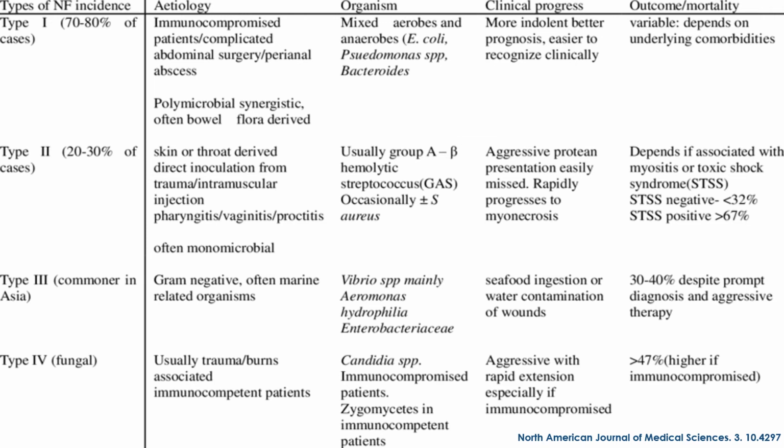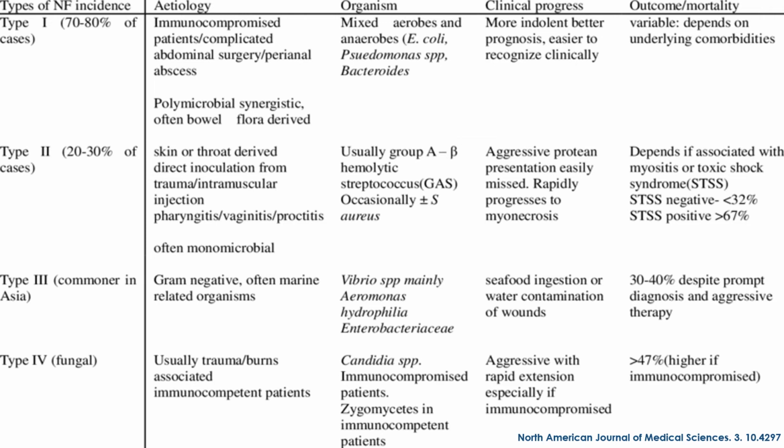So for type 1 necrotizing fasciitis, you should treat with antibiotics that cover aerobic and anaerobic organisms. The risk factors are being immunocompromised, abdominal surgery, or perianal abscess. So the key for type 1 is polymicrobial infection.